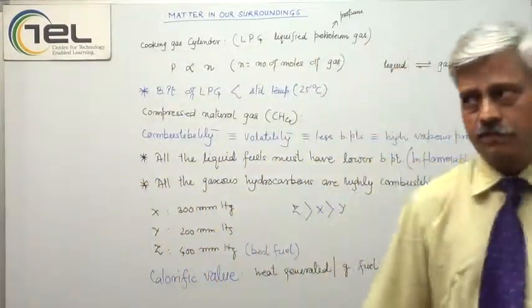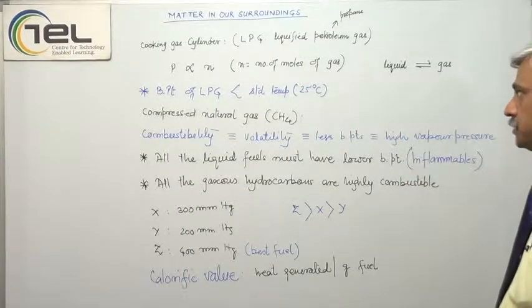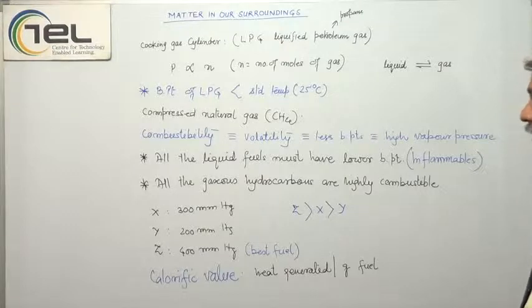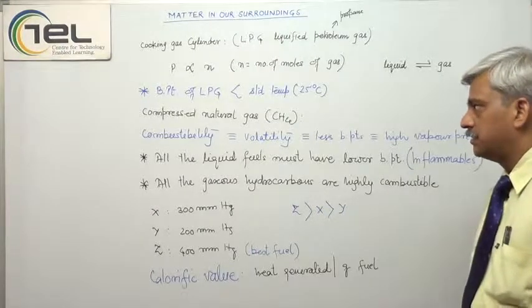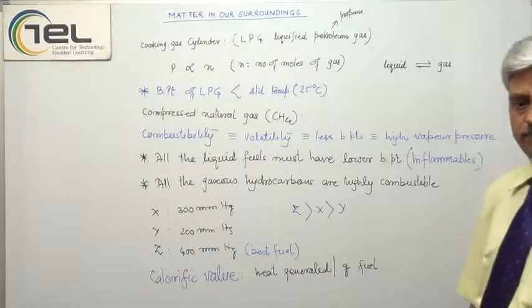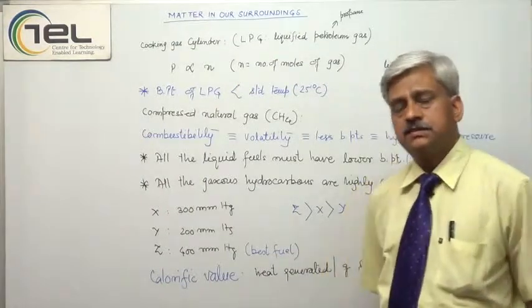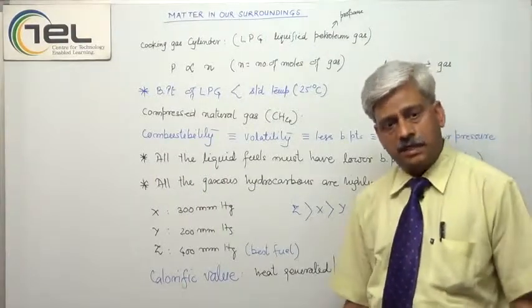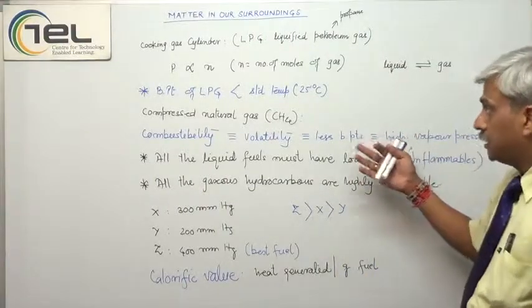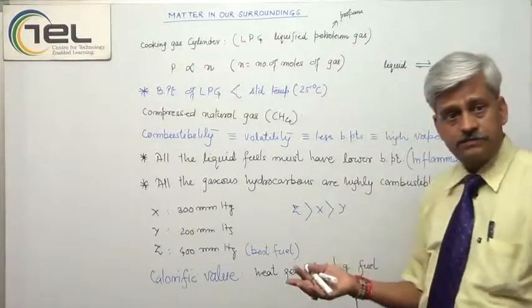So this way, we have gone through this topic in detail: what matter is, the definition, the constituent particles, their features, the distance between them, the force between them, then their mobilities, different kinetic energies, vibrational, rotational and translational, followed by the matter which becomes fuel.